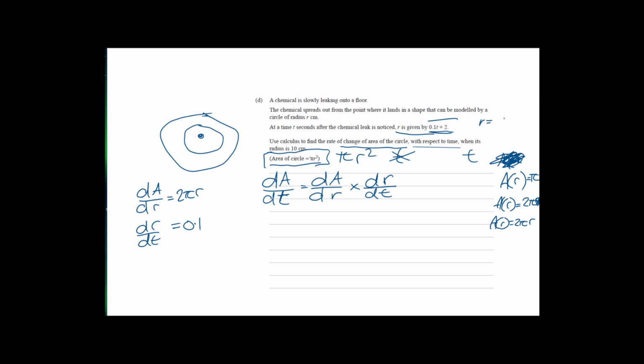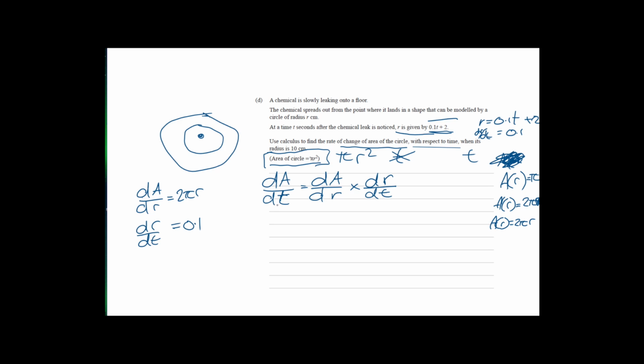Because if r equals 0.1t plus 2, when we differentiate, change in r over change in t, it's just going to be 0.1. The t is irrelevant.